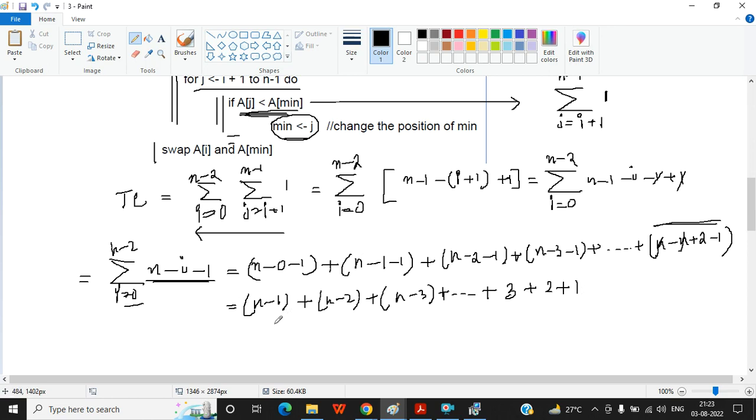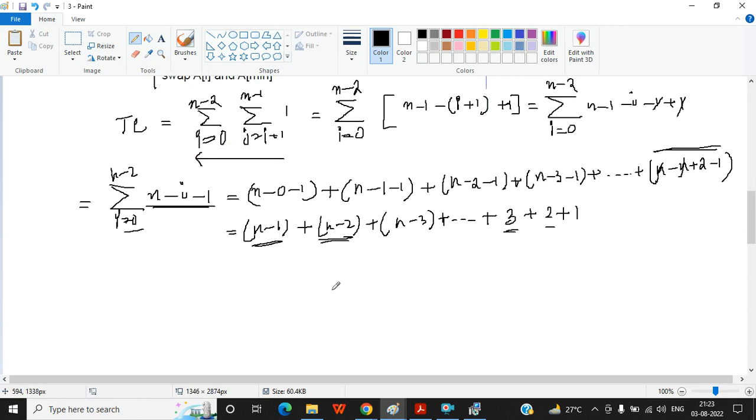It is surely possible because you can see the pattern: n minus 1, n minus 2, decrementing just by 1. From this term, if we decrement by 1, we get the next term. That's why if 1 is the last term, then 2, 3 will be the respective previous terms.